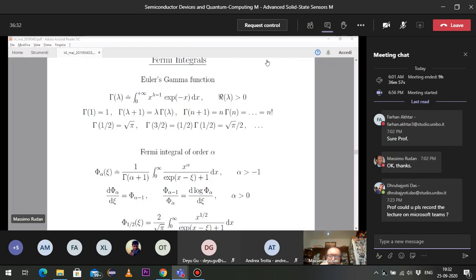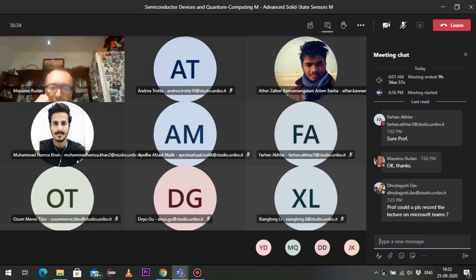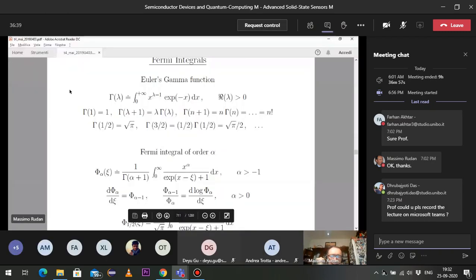In order to perform the calculation, we need to calculate two integrals, okay? And these integrals are special integrals. So we must introduce some special function. Probably you already know about the Euler gamma function.